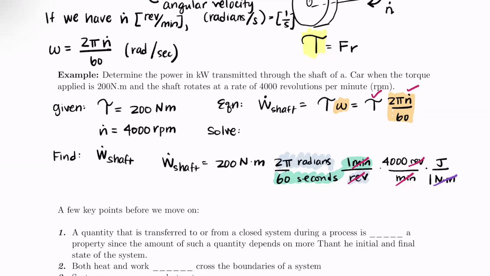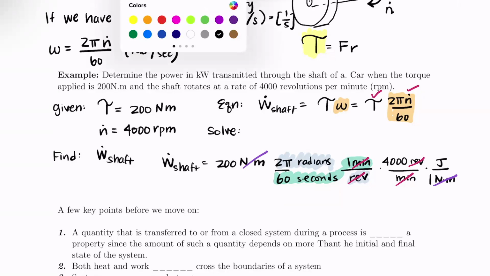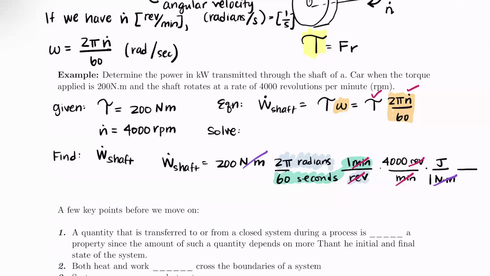So we can cancel this. All right, and then we have 1 joule per second is a watt. All right, so I have joules that cancel, and then these seconds balance each other as well.